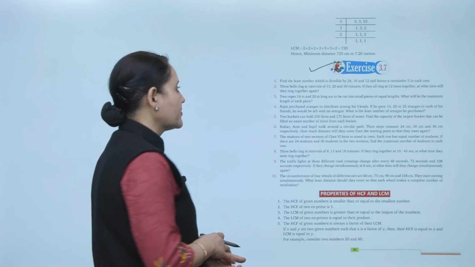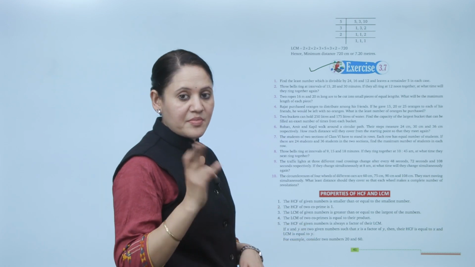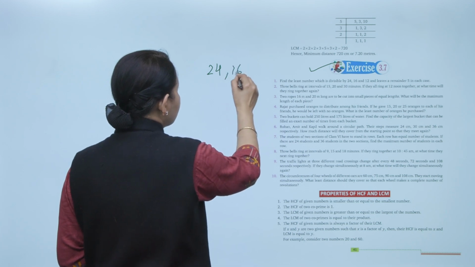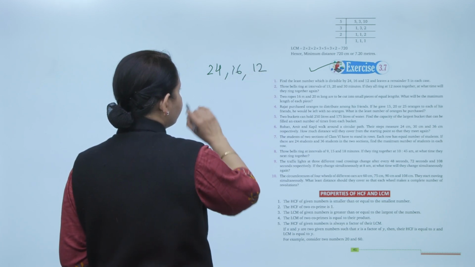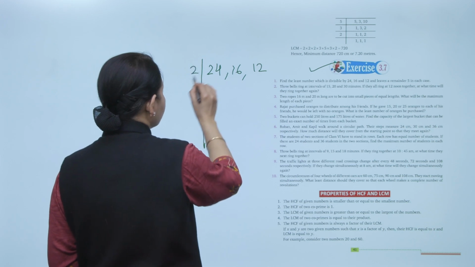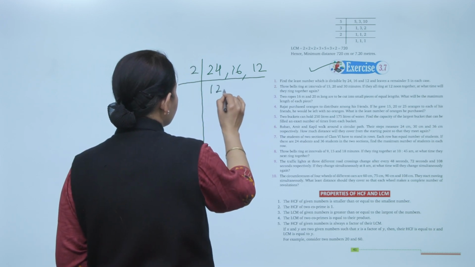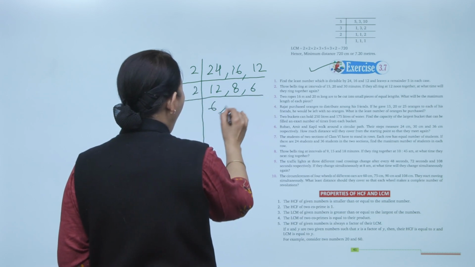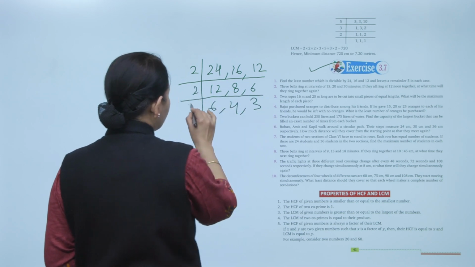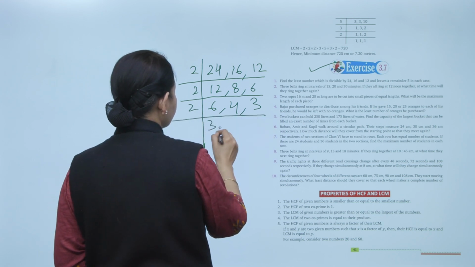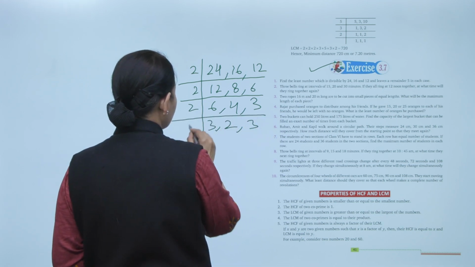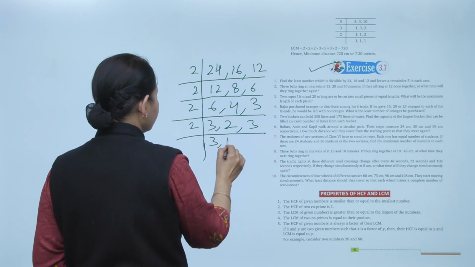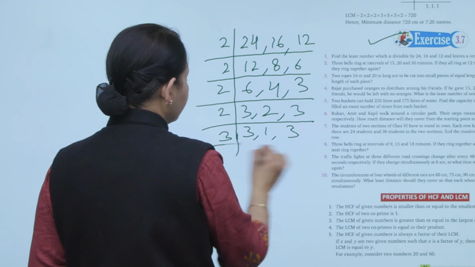So what we'll do? We have to find the least number, means LCM of 24, 16 and 12. LCM find out करेंगे. अगेन 2 से डिवाइड हो सकता है, अगेन 2 से, now it will divisible by 3 only.